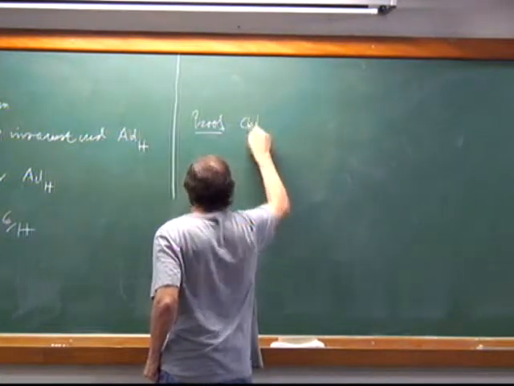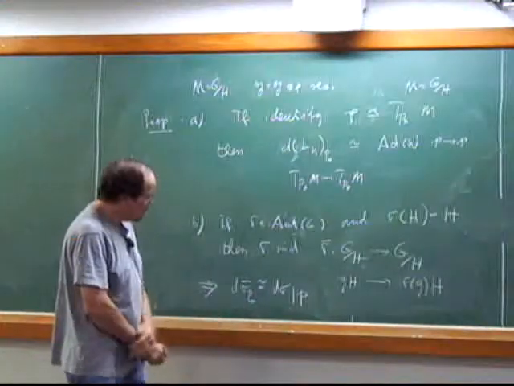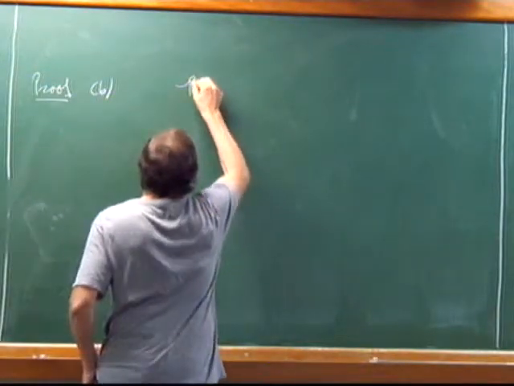I'm going to start with part B. So this right here. So what do I have to prove? This identification is x goes to x star, right?